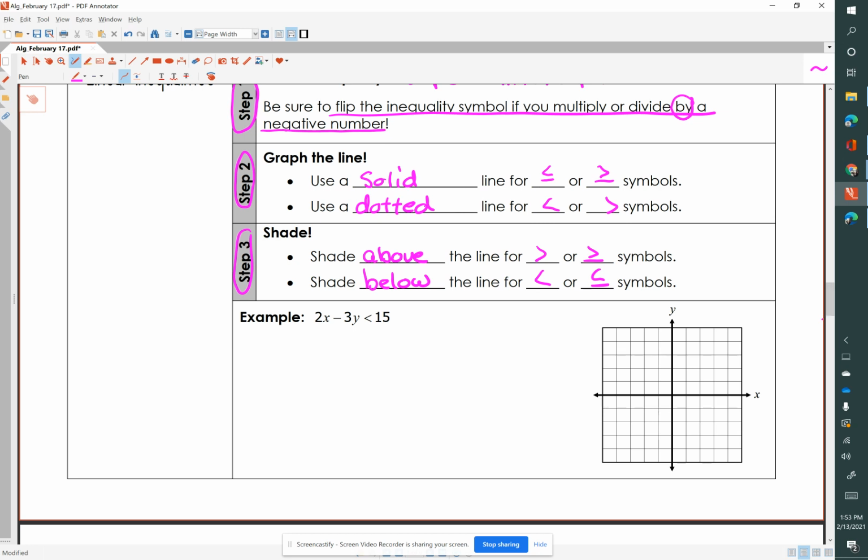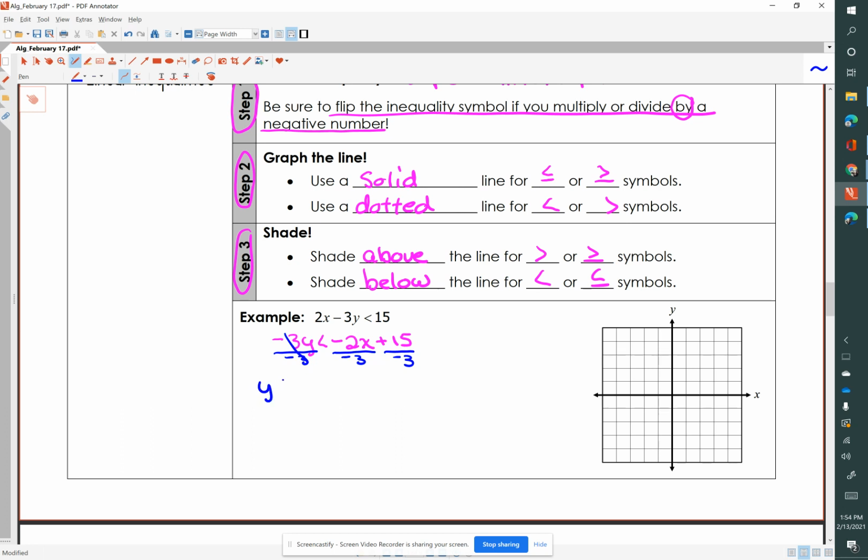So first, let's put it into slope-intercept form. We don't have Desmos to help us now. We're going to do this by hand. So first thing I'm going to do is move the x value over, so I will have -3y is less than -2x plus 15. And then everything needs to be divided by -3, which will give us y.